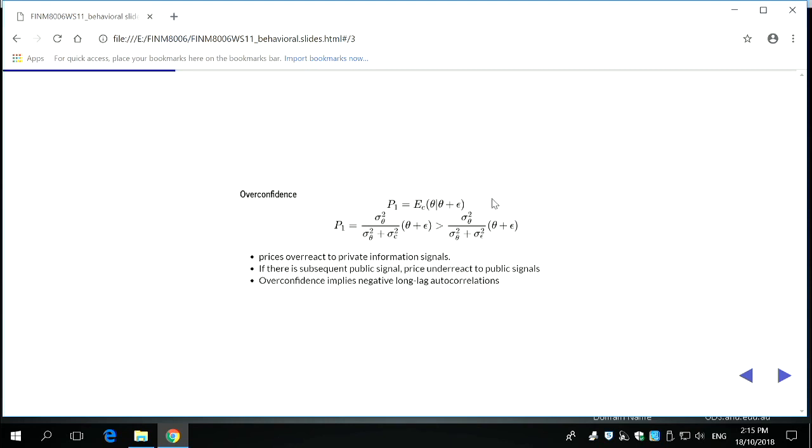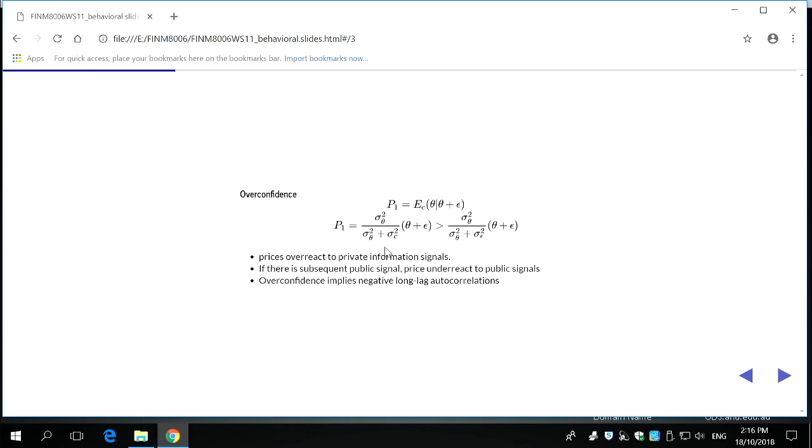The price will be rho, the information precision, which is the variance of the signal divided by the total variance.